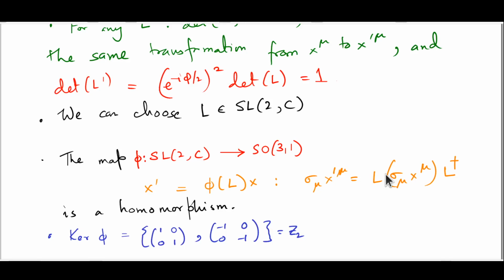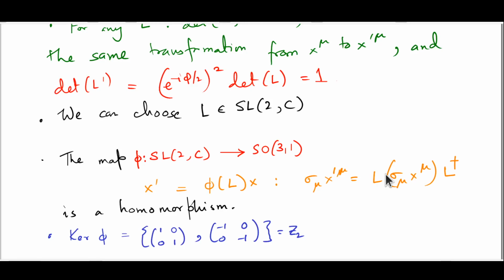But you should notice that multiplying it by minus e to the minus i phi by 2 would have produced another matrix L prime, a different L prime, again with determinant 1, which would do the same job. So it's rather easy to see that for every L which does a job, there is a minus L which does the same job. So the map from SL2C to SO31 is a 2 to 1 map. Two SL2C matrices give you the same SO31 transformation.